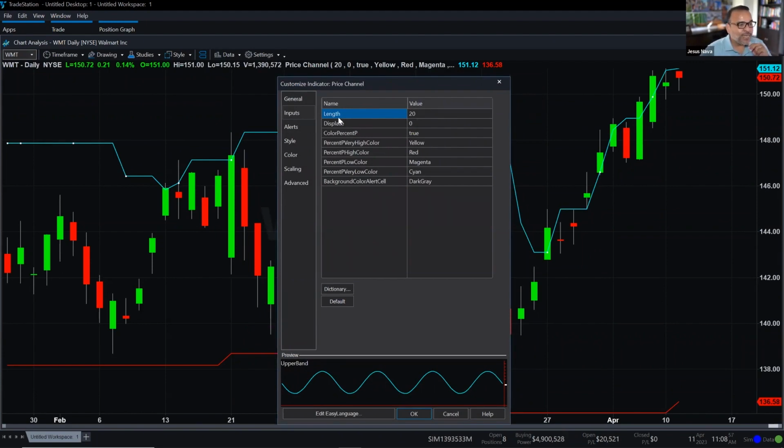But in customize indicator, I can go to the inputs, and here in the length, I can change it. So if I wanted to have more like 6 months of trading activity, I can turn this into 60 days. And to be more exact, if you think about it, there's about 90 days in 3 months, right?